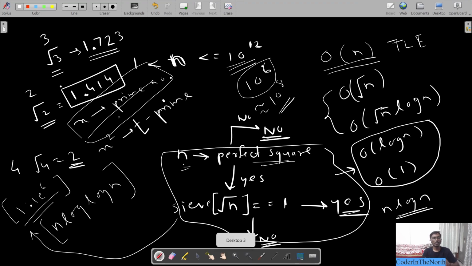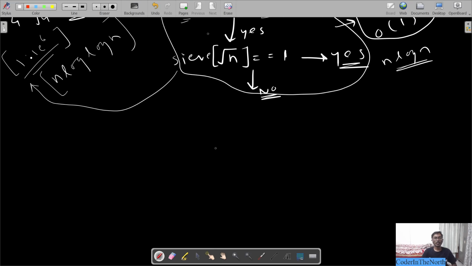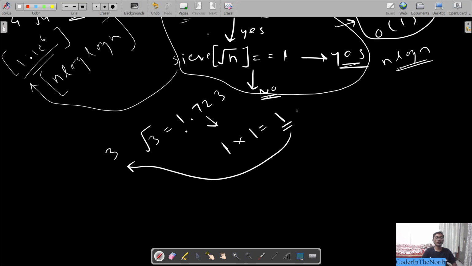Let's see how. If we have the number 3, what is under root of 3? It's 1.723 something, and the data type we are using is long, so it will round this off to 1. After we do 1 into 1, it will be 1. Is it the same as this? No. So this is not a perfect square.